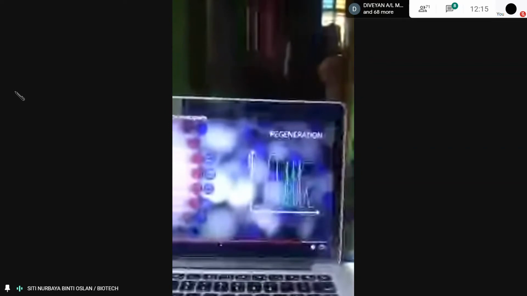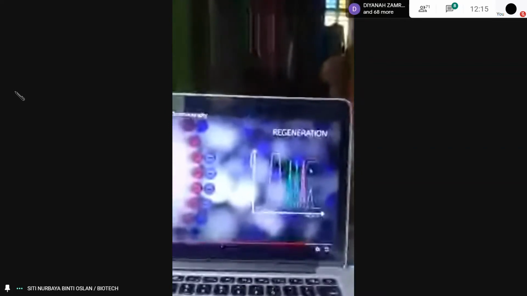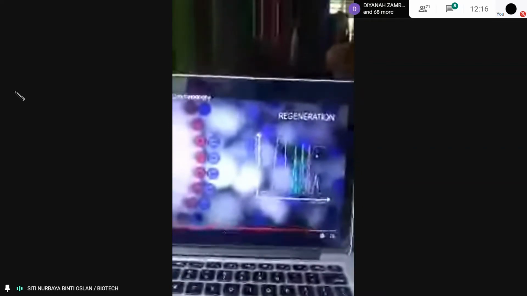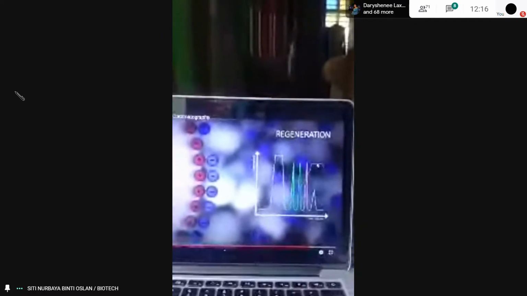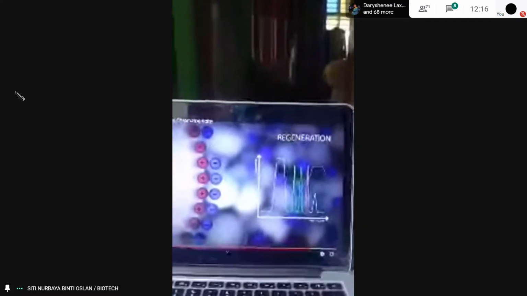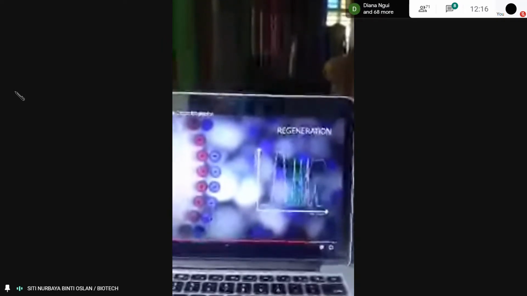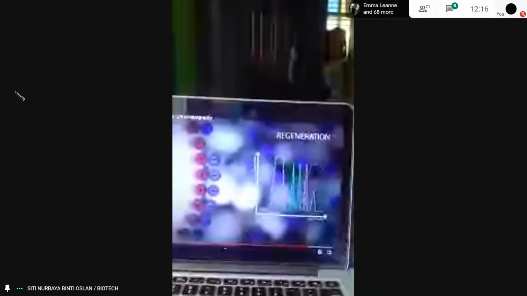For this principle, we can just say the most negatively charged salt, because this salt will take place on this matrix, so that this matrix can be reused.